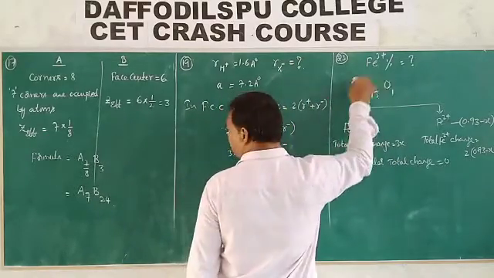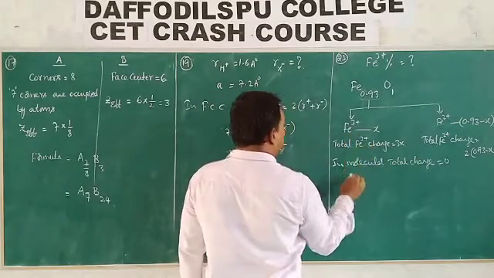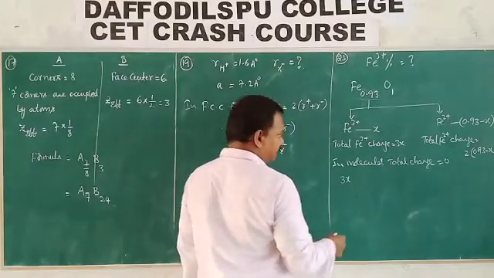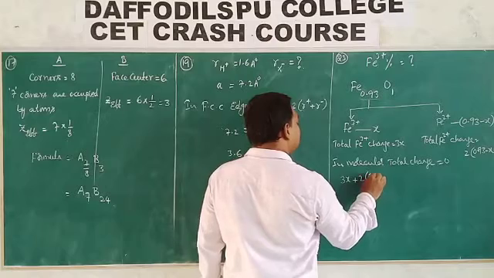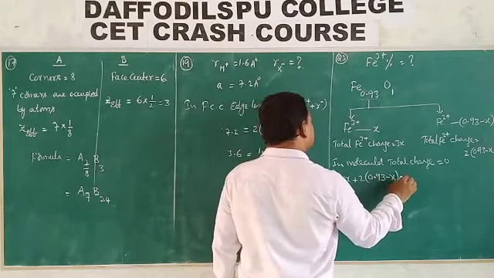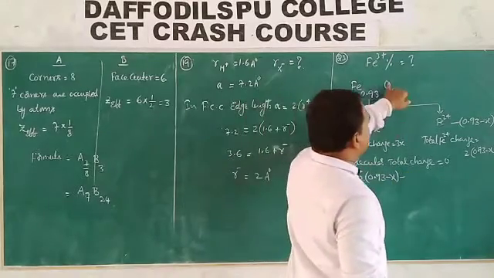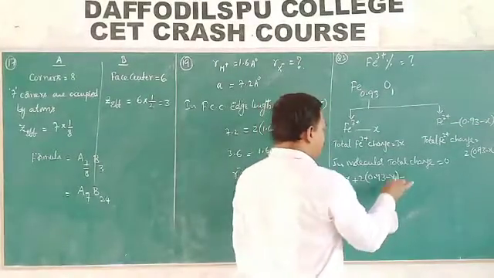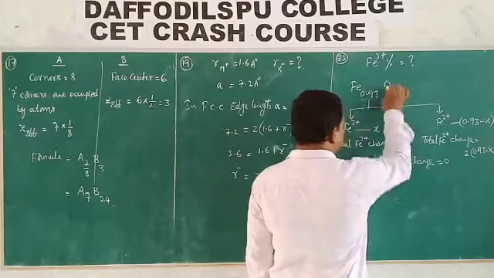Fe3+ total charge is 3x, Fe2+ total charge is 2 into (0.93 minus x). Each oxygen charge is minus 2, and one oxygen is there.